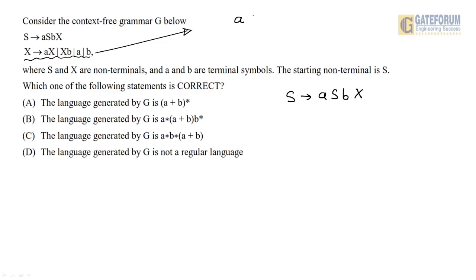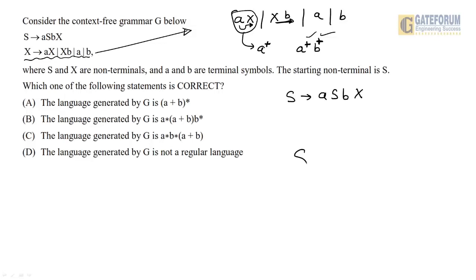It gives you A, X or X, B or A or B. So let's see here, after A there is an X, so we can say that we can generate any number of A with the help of this, any number of A. Okay, or what we can do, we can generate any number of A, and from this we can generate any number of B, any number of B. Okay, so ultimately it generates a number of A and a number of B.